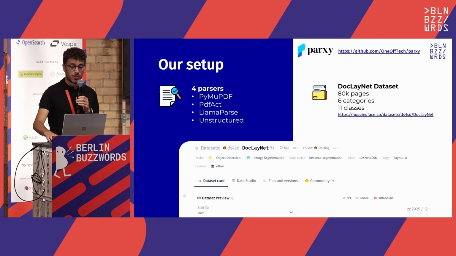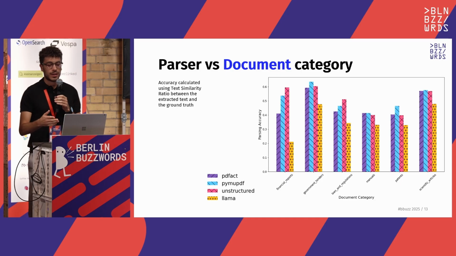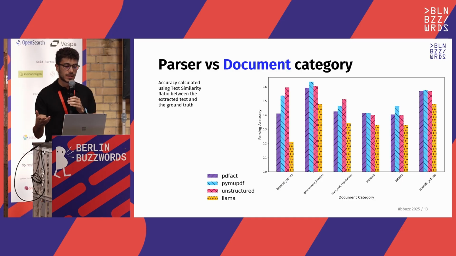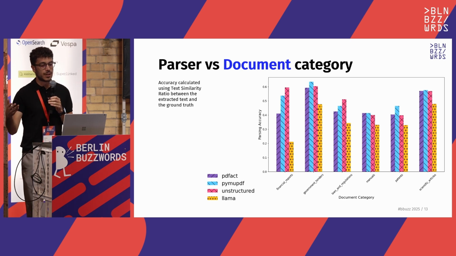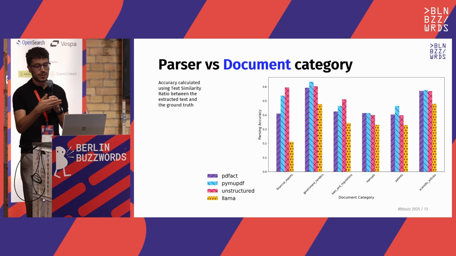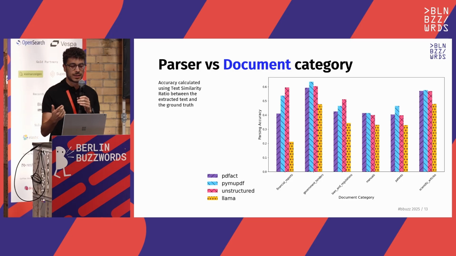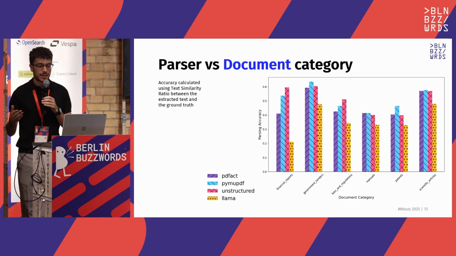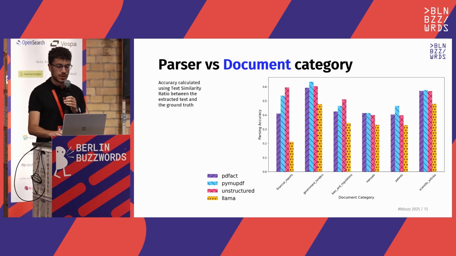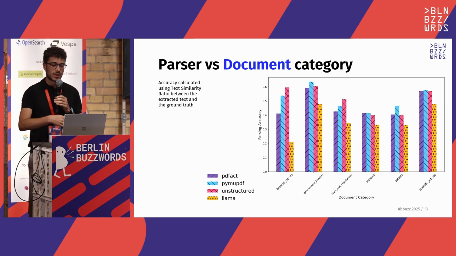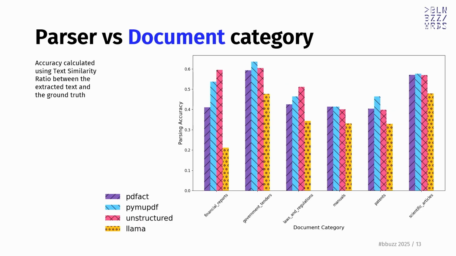And then we can see, for example, comparing the performance of the different parsers among the different document categories, that there is no one single parser that outperformed them all. But there are some differences. From this chart, we can see that unstructured performs better on reports and article-like documents, while PDFAct or PyMuPDF did well on more layout-heavy content like patents and manuals.